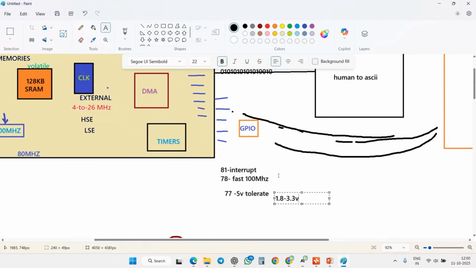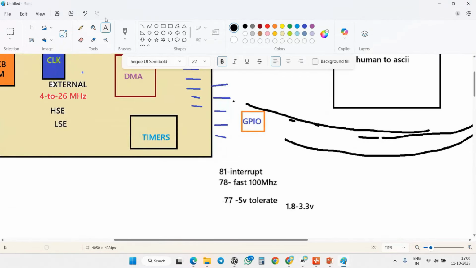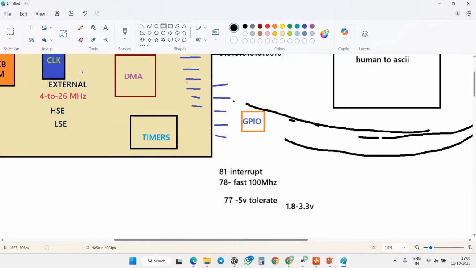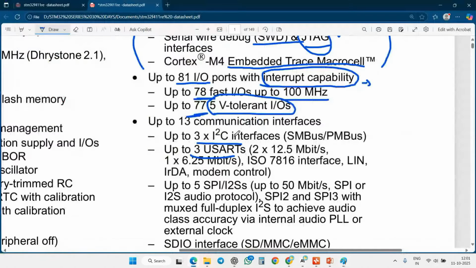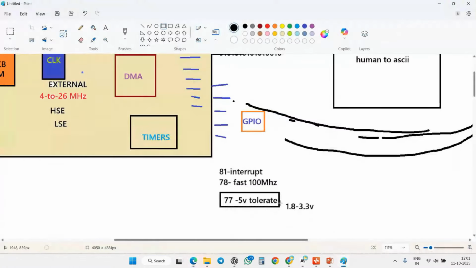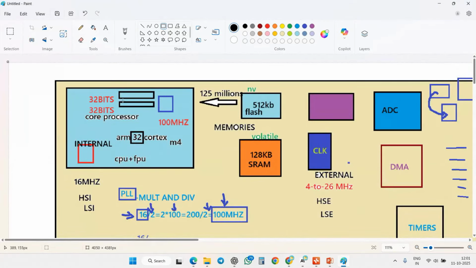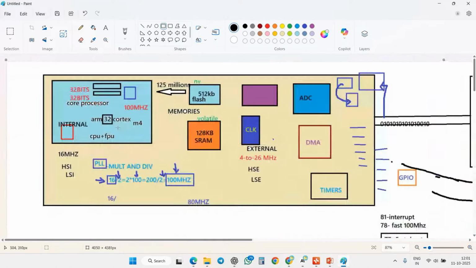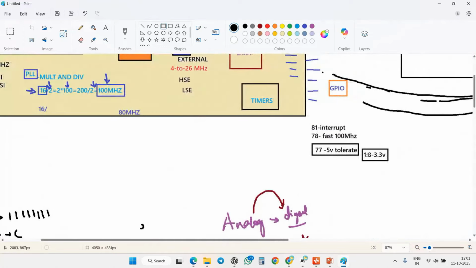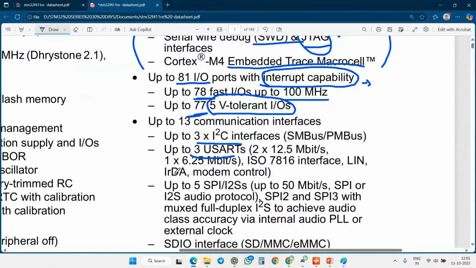If I give above that range, it might burn out. So these 77 pins have a tolerant range: the tolerant input output pin converts your 5 volts to 3.3 volts, because it shouldn't affect your core processor. These pins can tolerate 5 volts down to 3.3 volts.